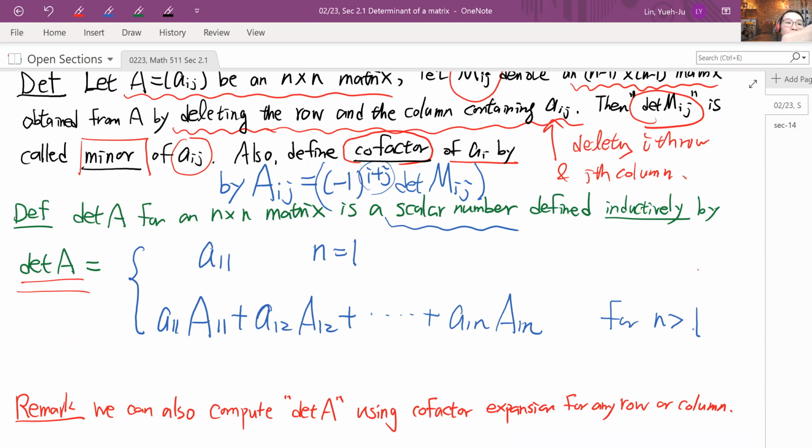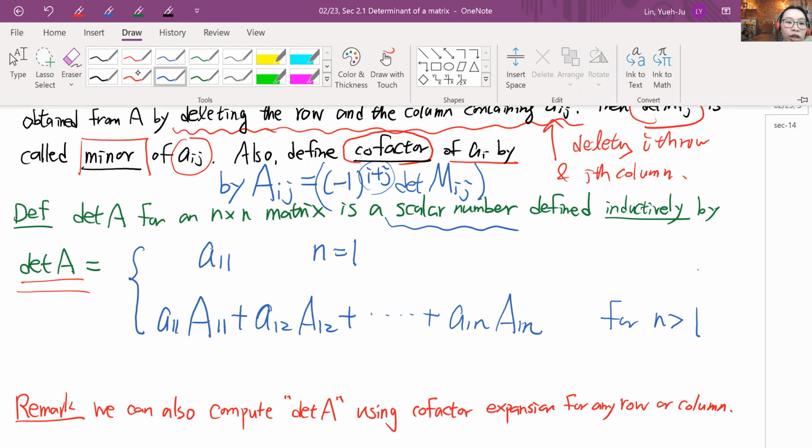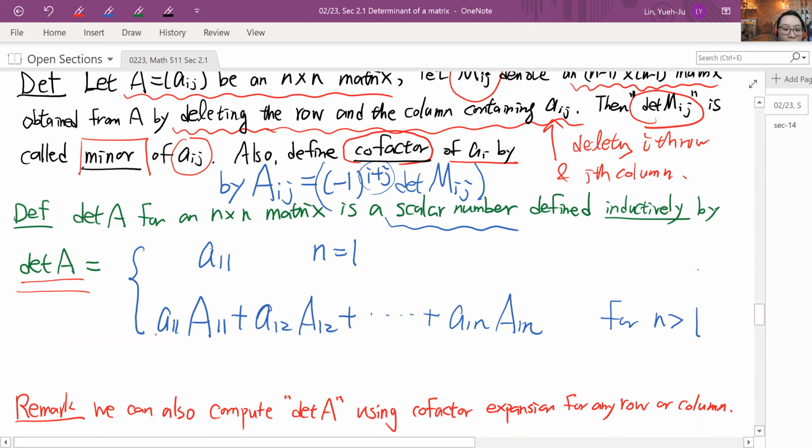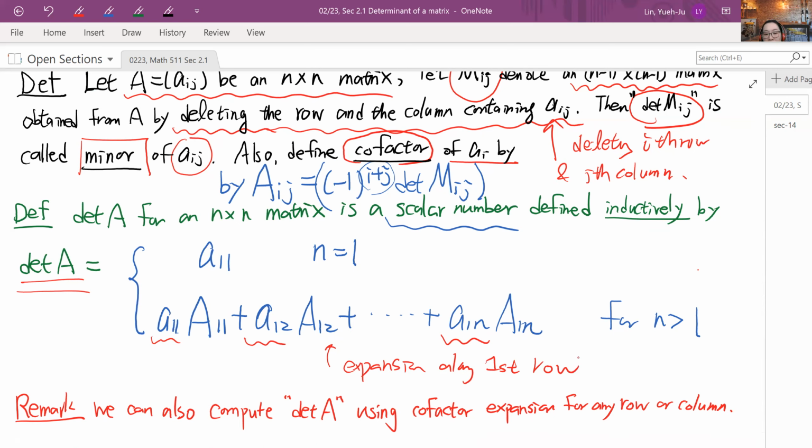As you can see, I only gave you the formula for the expansion along the first row. You can have a general formula, which I'm going to show you in a minute, for determinant A in terms of expansion along any row or column, but the pattern is the same.